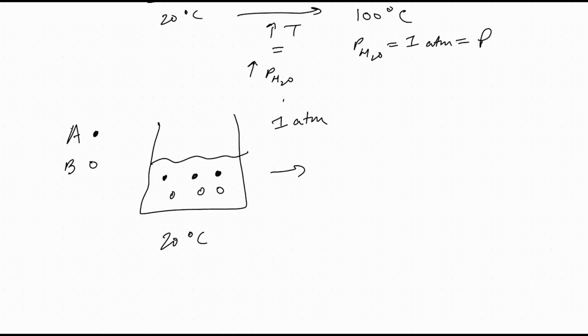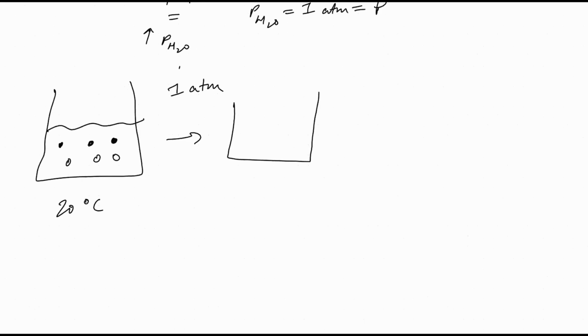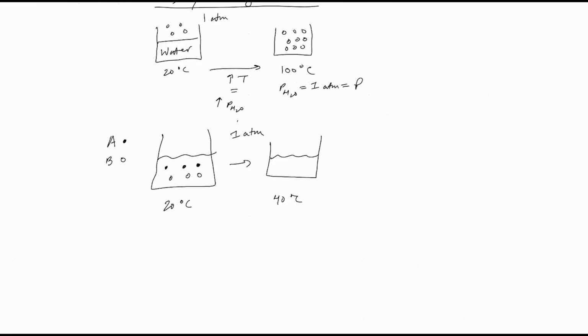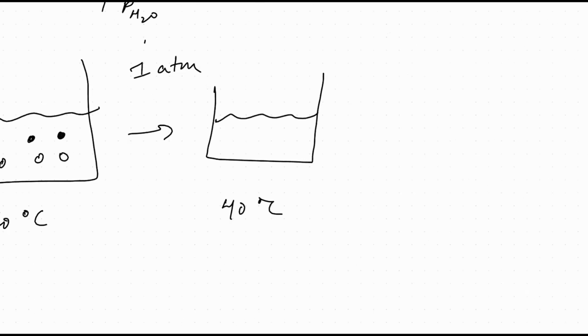Then you get to some intermediate, let's just say around 40 degrees Celsius. And now we have non-negligible vapor pressure at this point. So some of the species in the liquid have become vapor.